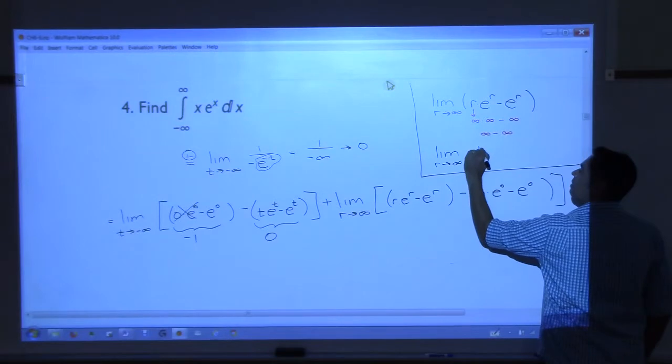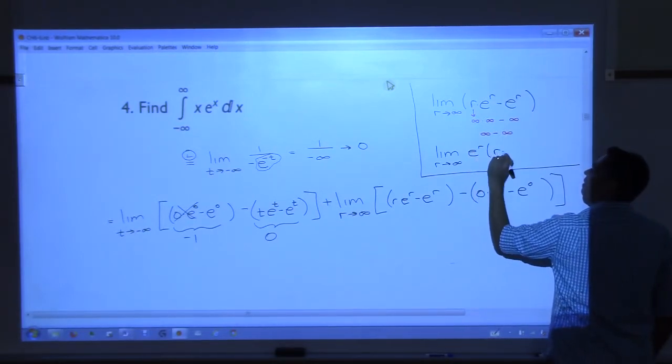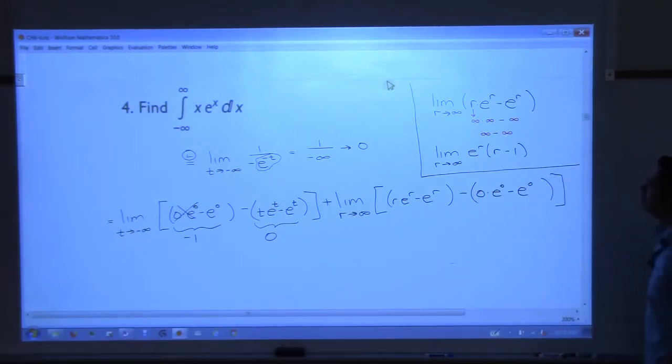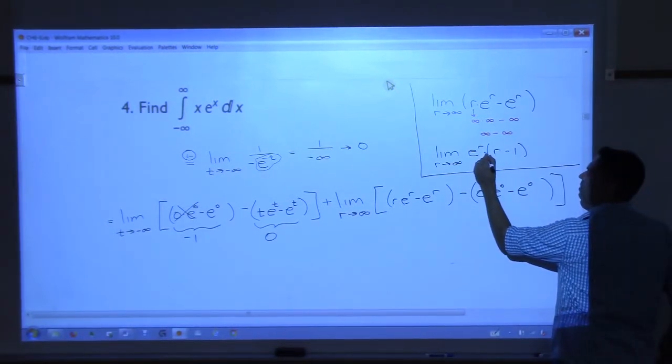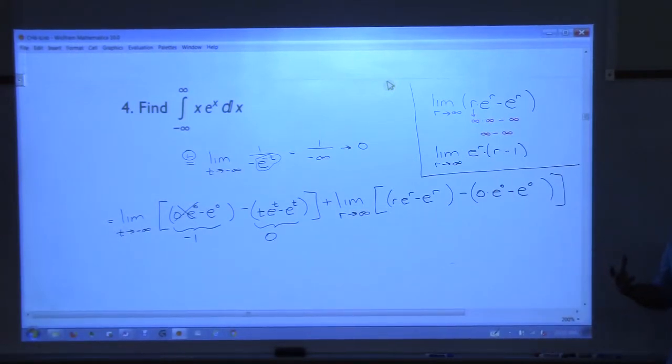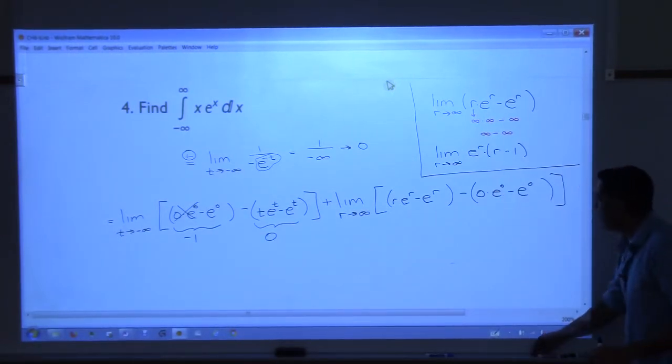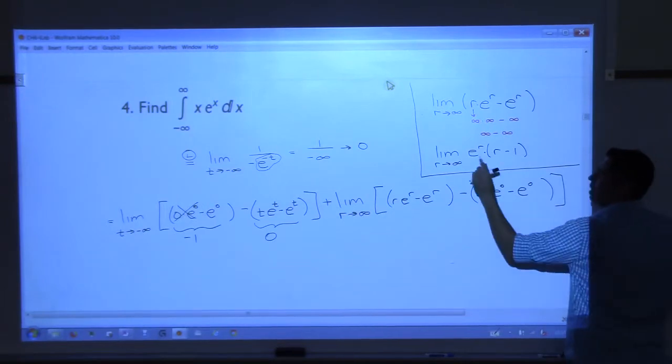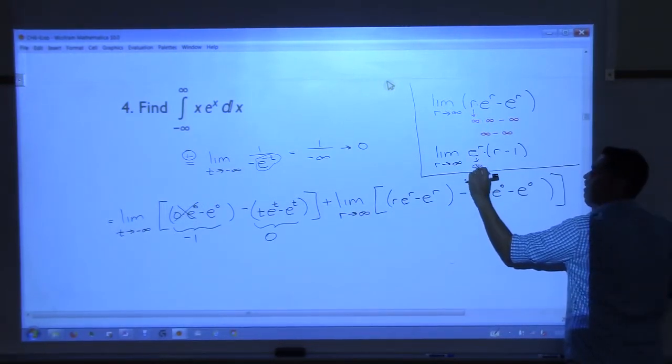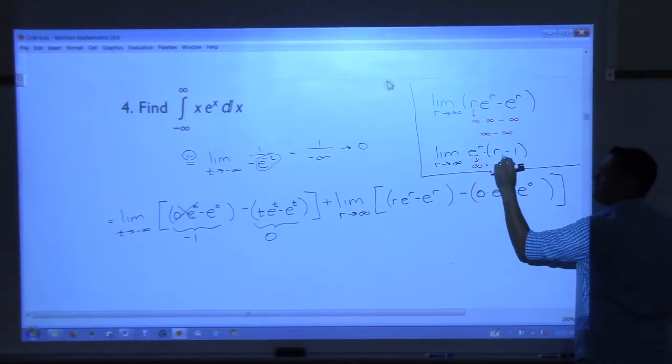e to the r, and then r minus 1. Now, the whole point of factoring is that you're hoping this can be something that you can deal with now. So let's try it again. Run the limit. e to the r goes to infinity, doesn't it? Times, now that's infinity minus 1, right?